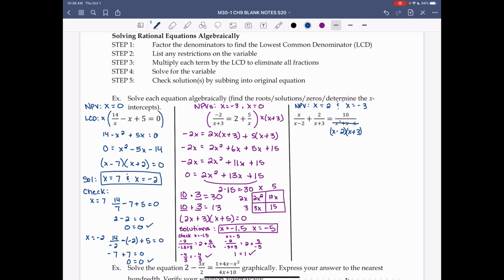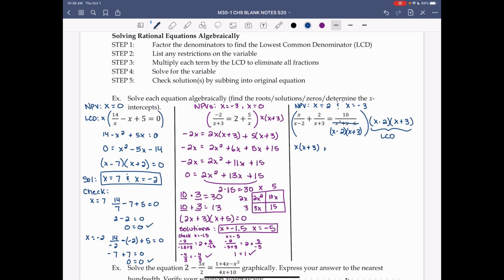Our lowest common denominator would be x minus 2 times x plus 3. Multiply everything by x minus 2 times x plus 3. When we multiply x over x minus 2 by x minus 2 times x plus 3, the x minus 2's divide to 1, so we're left with x times x plus 3.